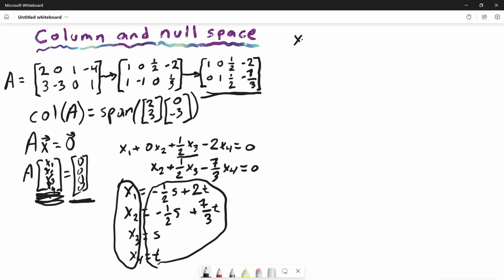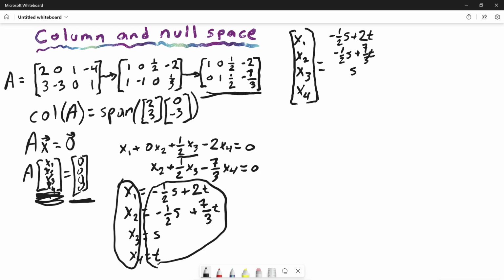We have x1, x2, x3, x4, our x vector, is equal to negative 1/2 s plus 2t, negative 1/2 s plus 7/3 t, s, and t. So these are our equivalent vectors.